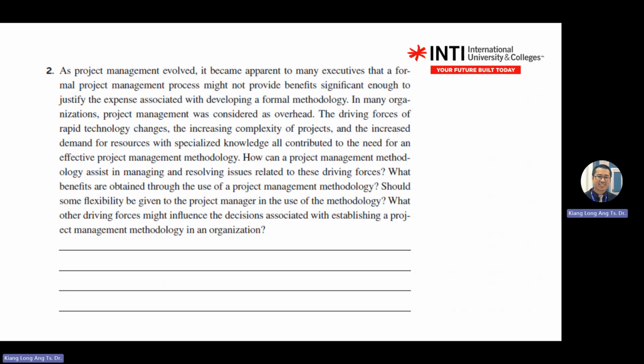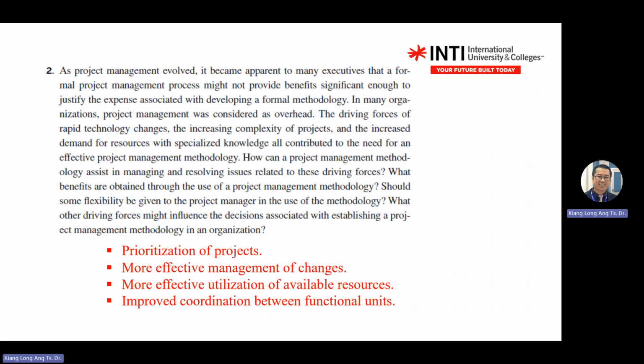Technology change, this one is more on internal control. Complexity, when you see the word complexity, you tie it to assessment, risk control, and you use the word trade-off. So these are the wording that you can use in your elaboration.